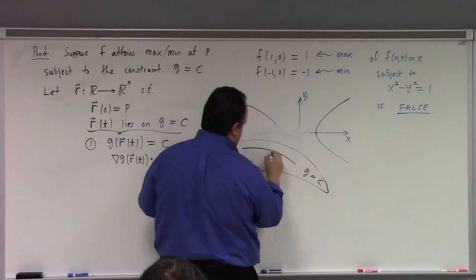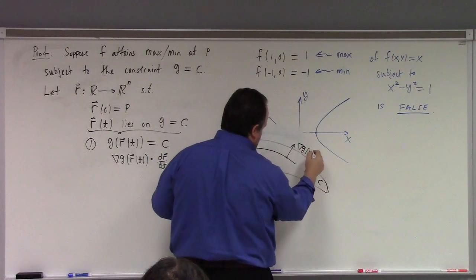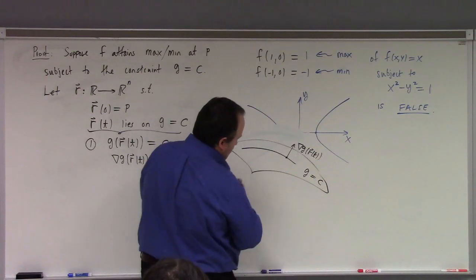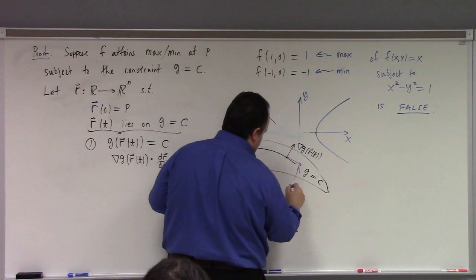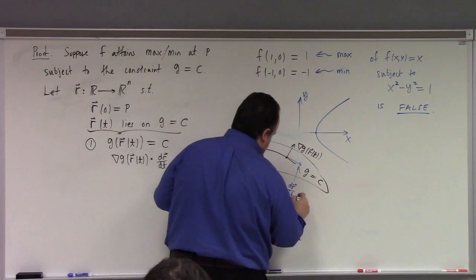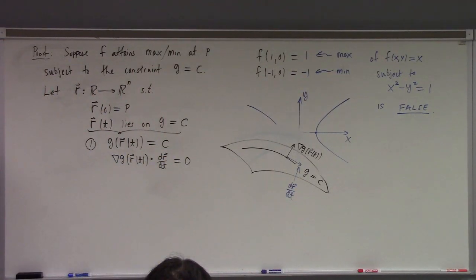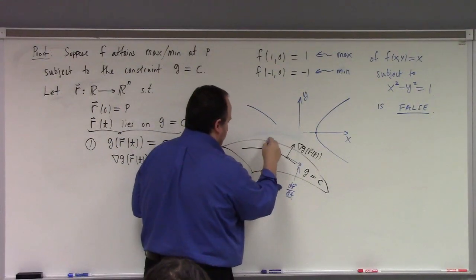Here's my path. Here's a particular point, and at that point you have nabla G at R of t. And of course, the tangent vector would be perpendicular. That's generally true for each point on the path. But there's one point we're very interested in, which is the extremal point, the max-min point. Let's call that point P.